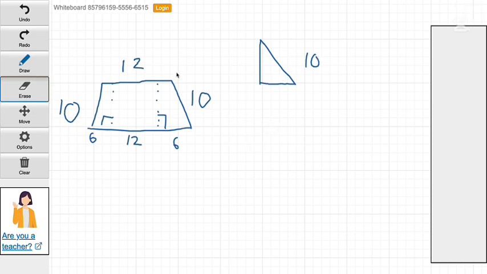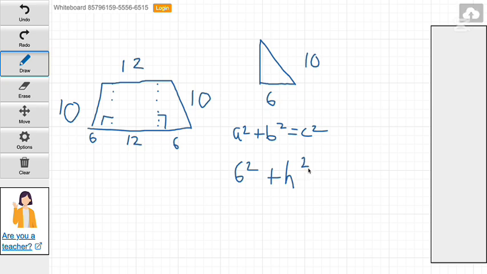So we just go 10, so it's basically just 10 and 6. The formula for the Pythagorean theorem, as I explained, is a squared plus b squared equals c squared. So we want to go base squared, which is just 6 squared, and then add the unknown side, the height squared, which would equal 10 squared.